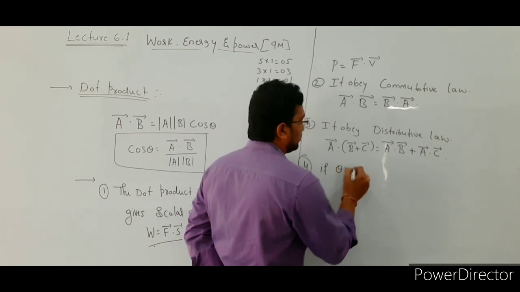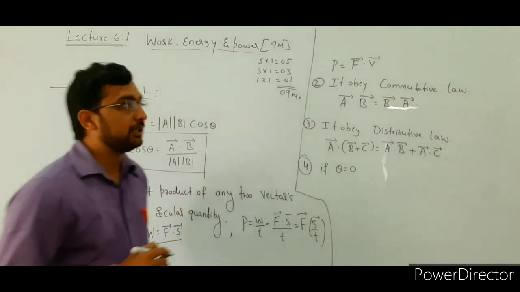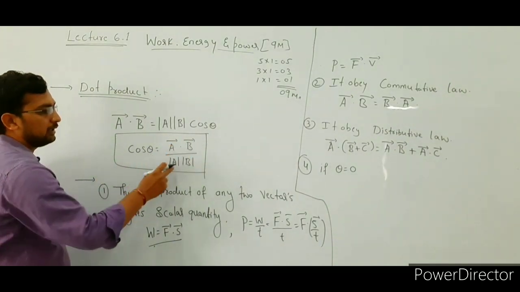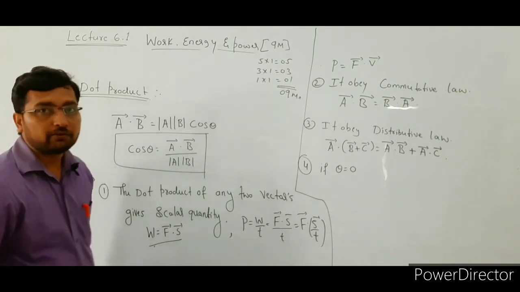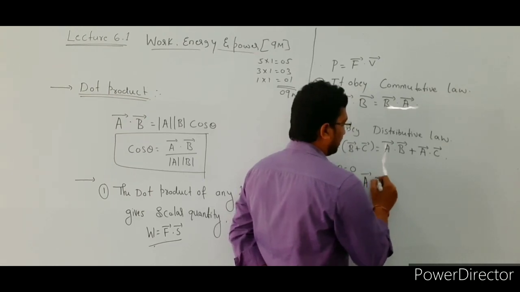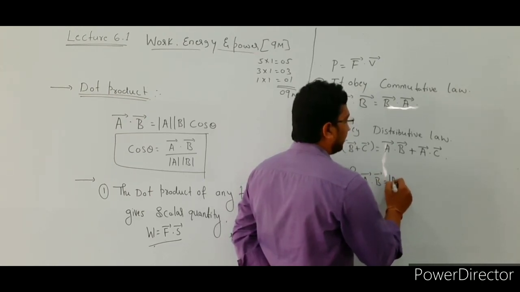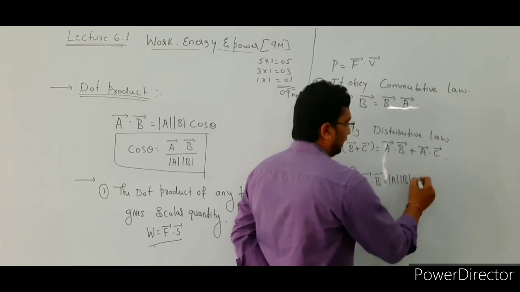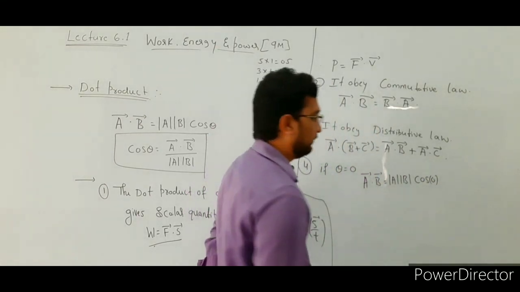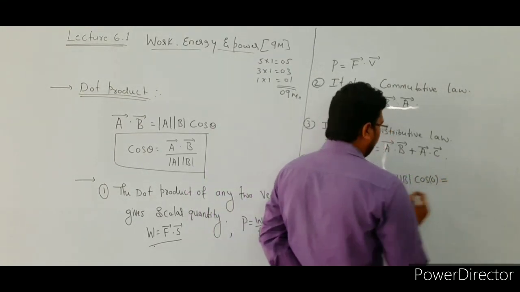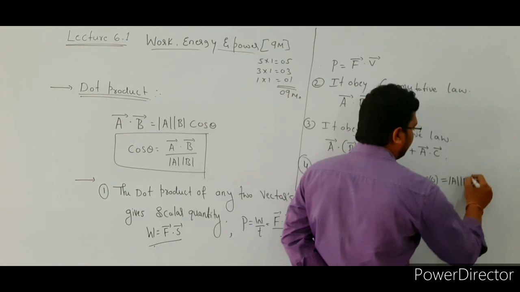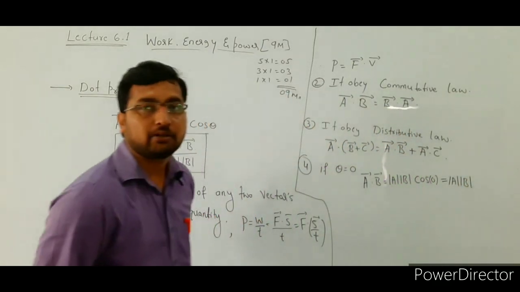If theta is equal to 0, from the relation cos theta is equal to A vector dot B vector divided by the magnitude of A into the magnitude of B, the dot product A vector dot B vector is equal to the magnitude of A and the magnitude of B into cos 0. Cos 0 is equal to 1. So A vector dot B vector is the magnitude of A into the magnitude of B.